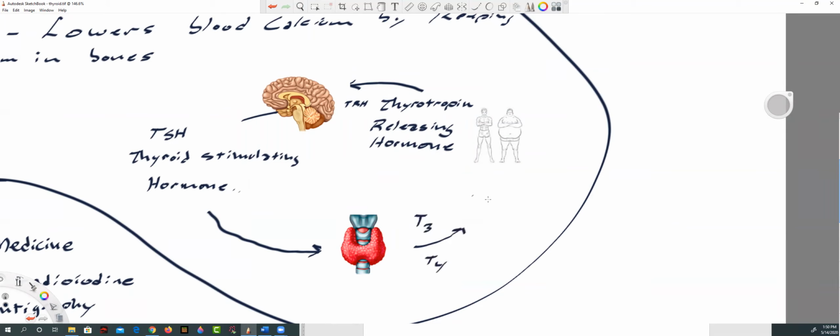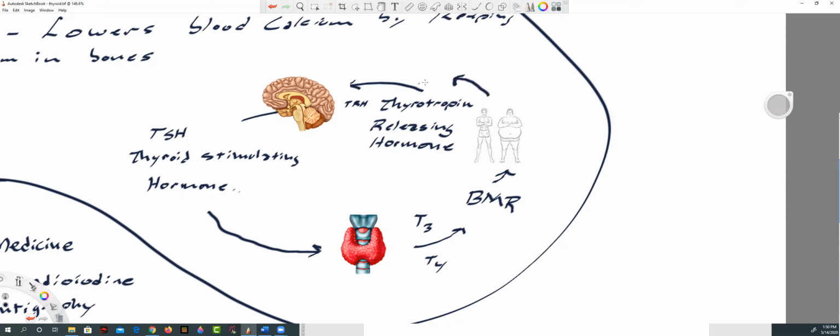It's going to increase the basal metabolic rate. Basal metabolic rate goes up. The body senses that.